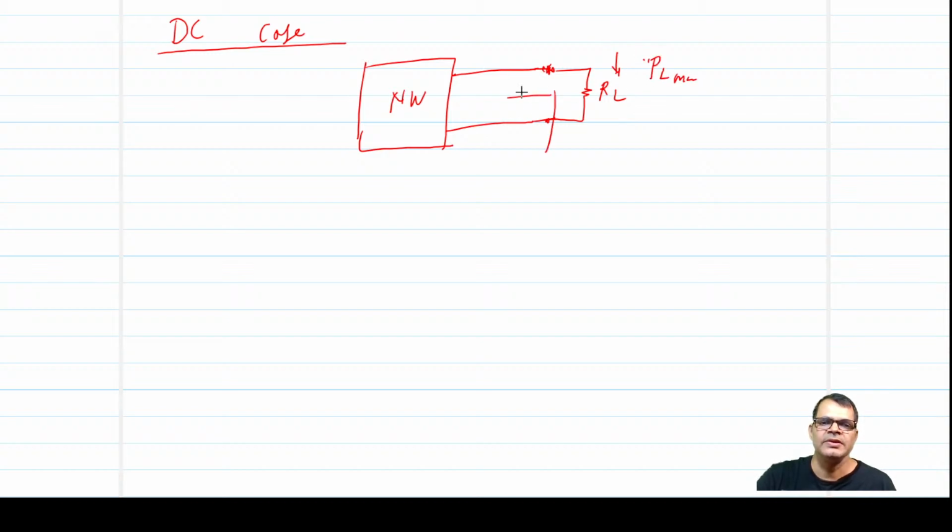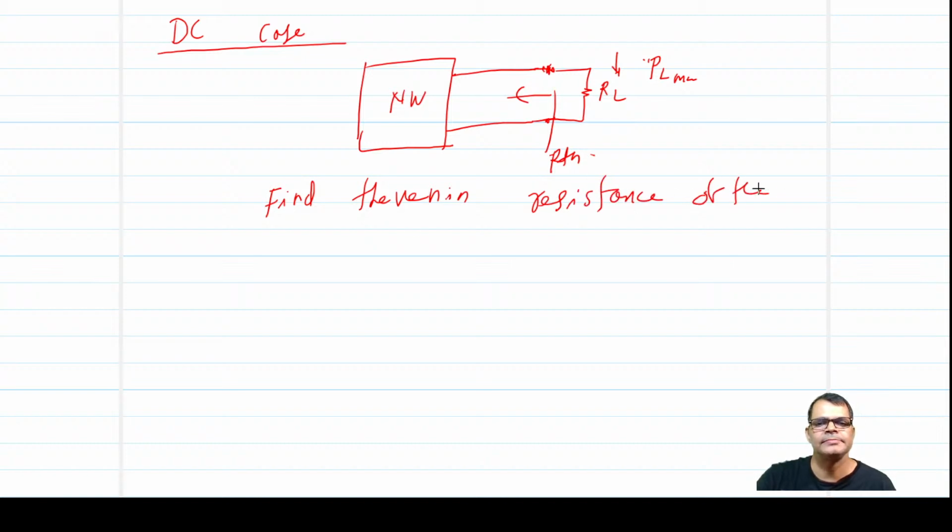It is simply to find the Thevenin resistance of the network. You know how to find the Thevenin resistance of the network. So the condition for the maximum transfer is that RL should be the Thevenin resistance.